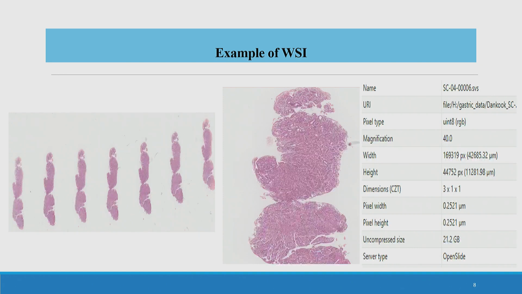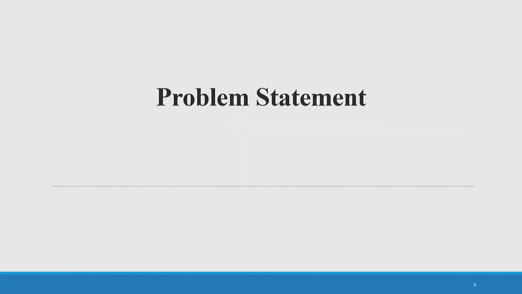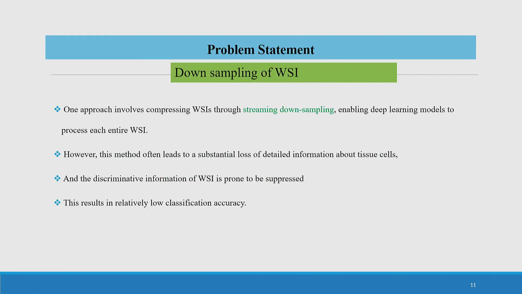Because when you apply a CNN architecture or any deep learning architecture, you cannot directly give it the whole slide, which is 40,000 by 40,000 pixels. So we need to apply some pre-processing.